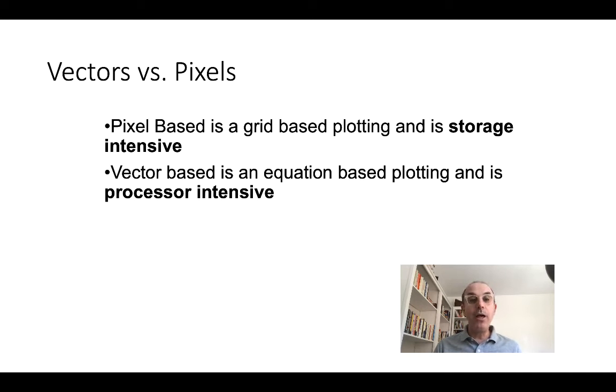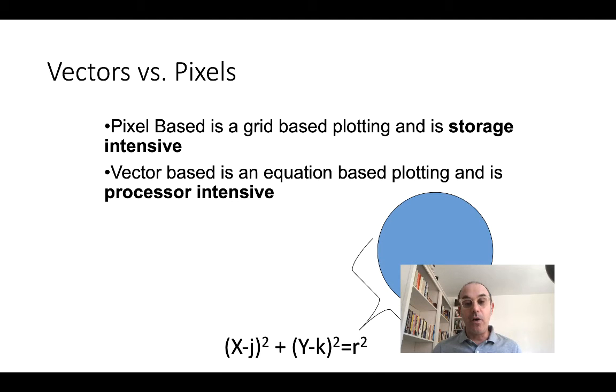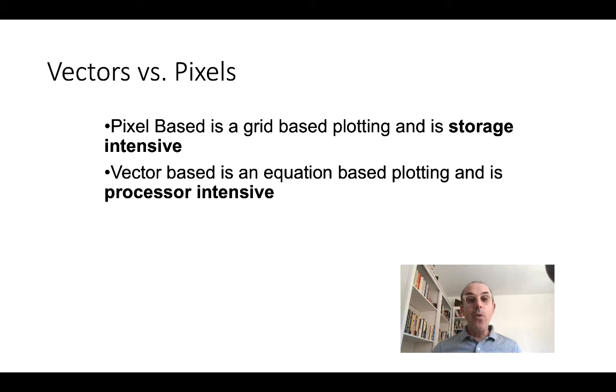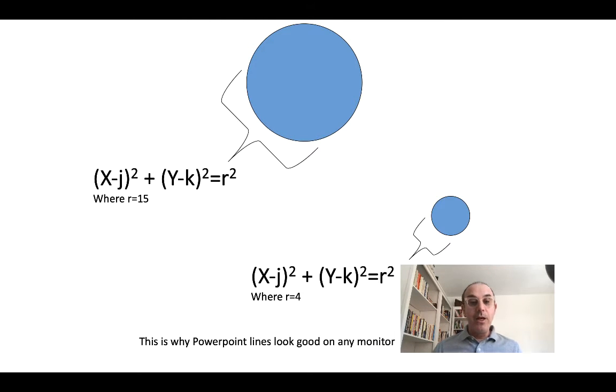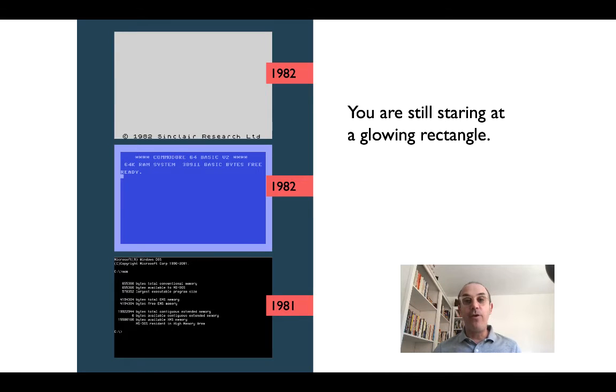The idea here is that we are trying to make it high quality, the best we can. This is why PowerPoint looks good on any monitor. We are trying to match it to the user, and in this case, we're using vector as the default.